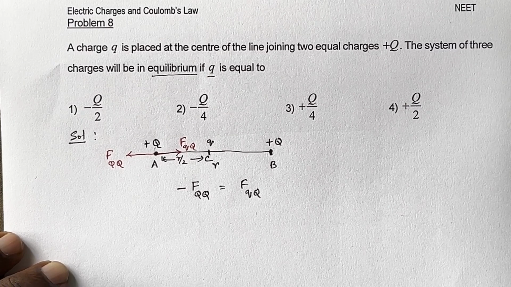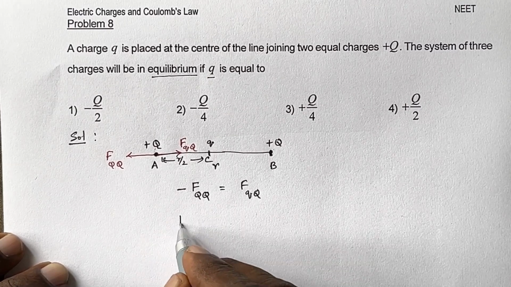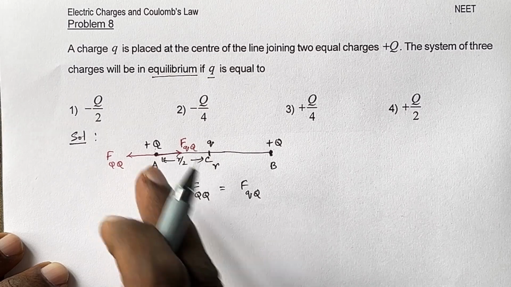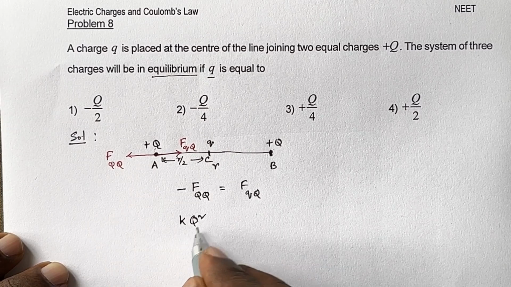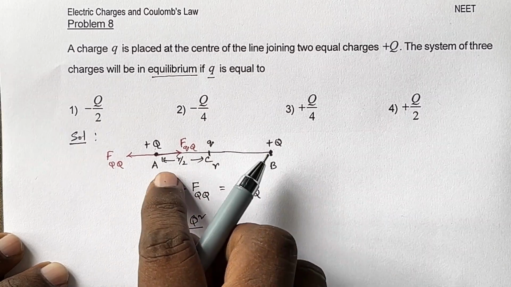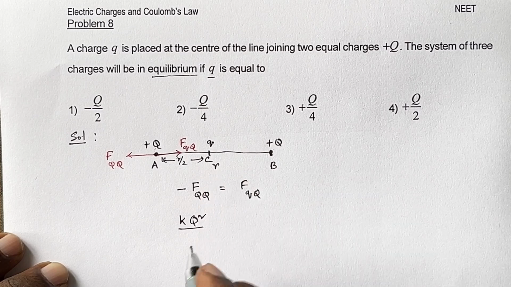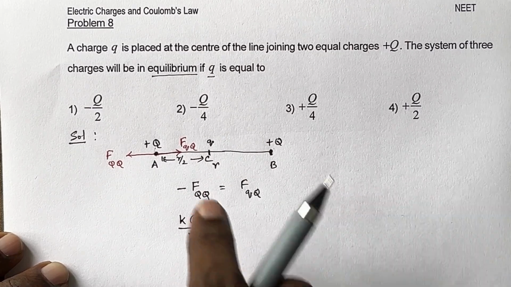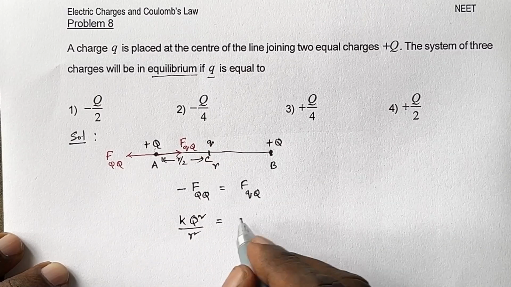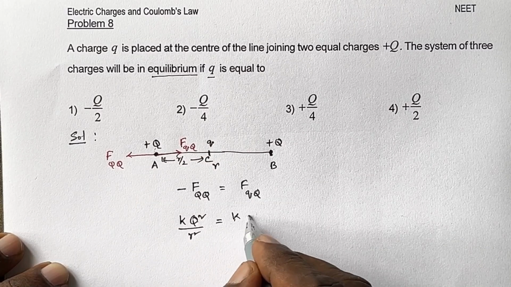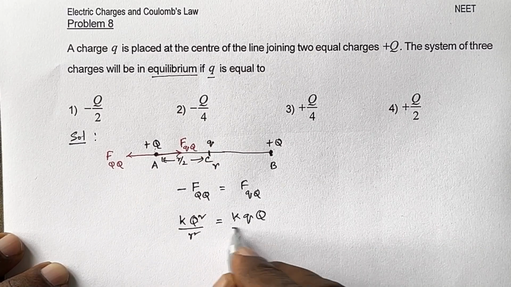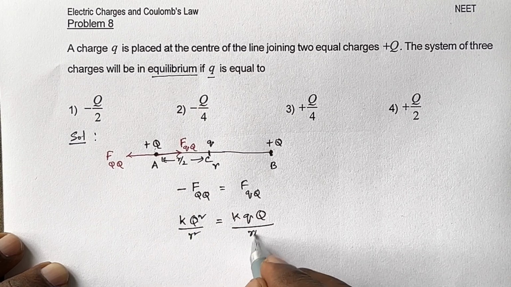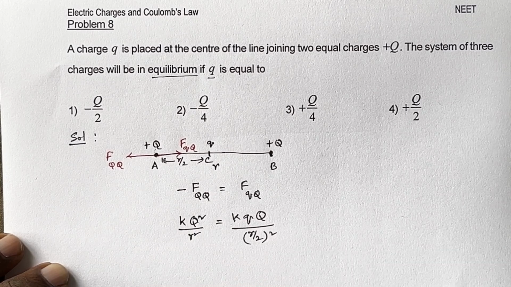Let us write the formula for this one. K Q into Q by square of the distance between this Q and this Q, which is r square, is equal to, now, force between small q and capital Q: K small q capital Q by distance r by 2 whole square.